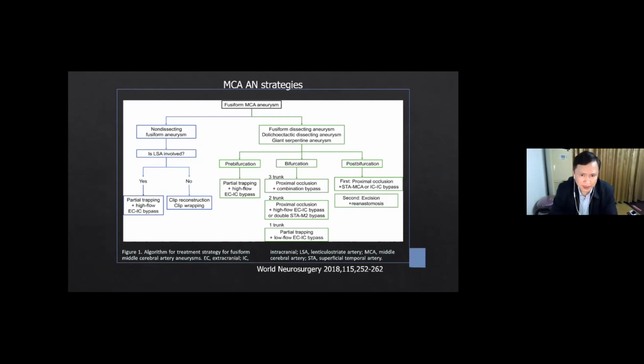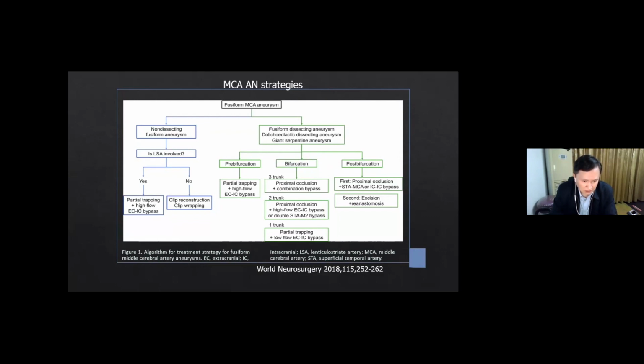So for MCA aneurysm strategies, if it's a non-dissecting fusiform MCA aneurysm and the LSA is involved, we will use partial clip trapping combined with high-flow ECIC bypass. If the LSA is not involved, we will use clips directly to reconstruct, and sometimes clipping and wrapping.